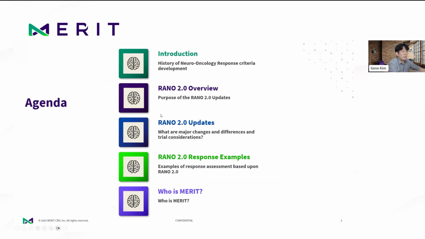Next, our agenda will be an overview and the purpose of the RANO 2.0 updates, then the major changes and differences, and the trial considerations for incorporating RANO 2.0 as compared to the traditional RANO HGG and LGG criteria. Lastly, we have some 2.0 response examples and some of the special considerations that the publication specifies.